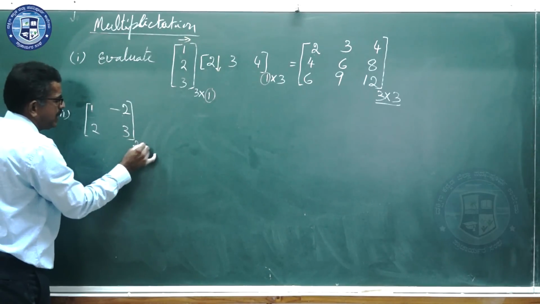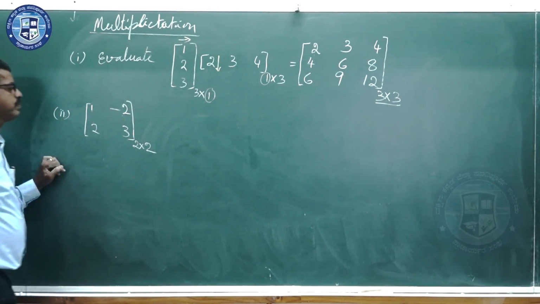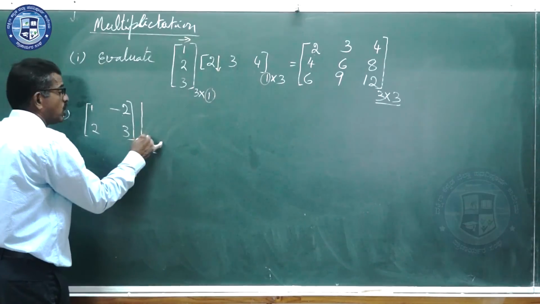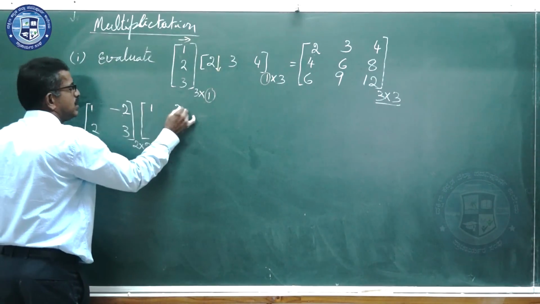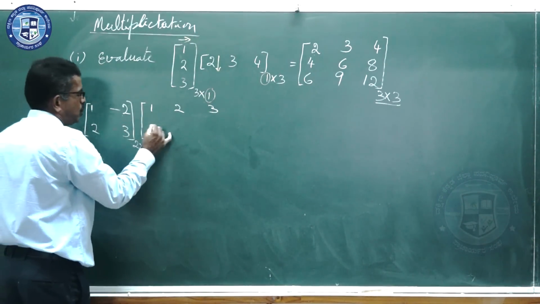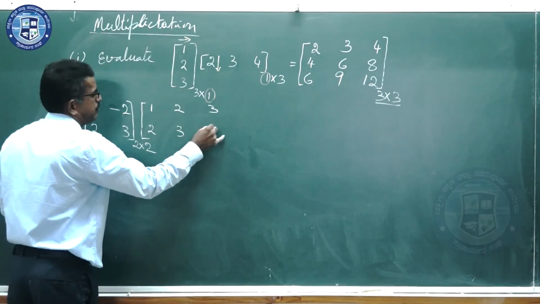What's the order of this one? It is 2 cross 2. And let me take the second matrix of order 2 cross 3. It is 1 2 3 in the first row, and the second row let me take 2 3 1.